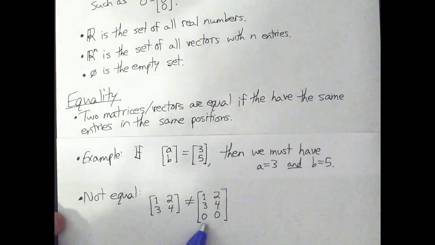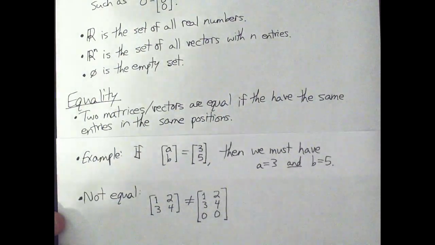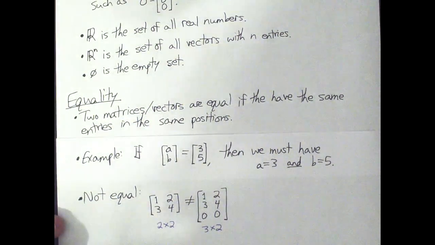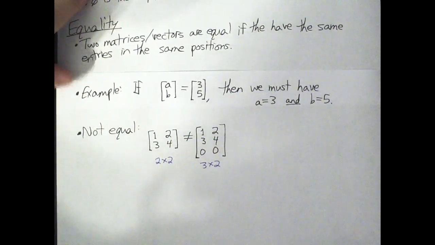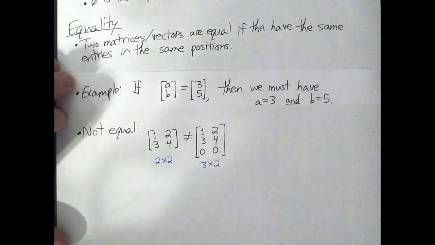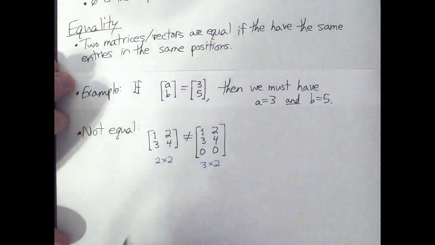The one on the right has some zeros that do not appear in the other one. And in fact, this is a 2 by 2 matrix, and this is a 3 by 2 matrix, and it turns out that when you have matrices of different sizes, they can't be equal to each other. Because they can't have all the same things in all the same places if they're different sizes. Even if those things are zeros. The zeros matter.